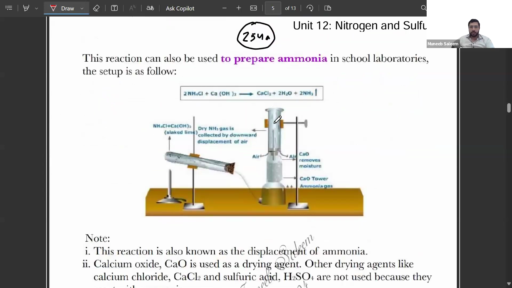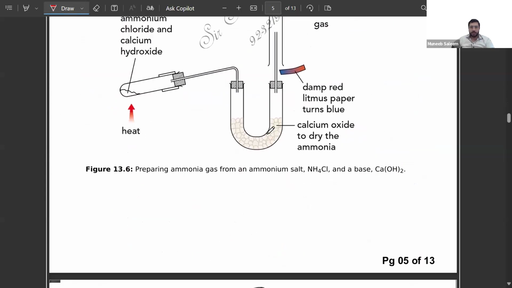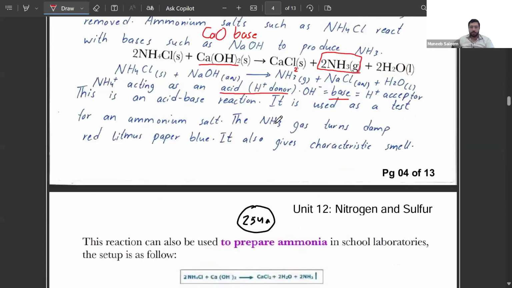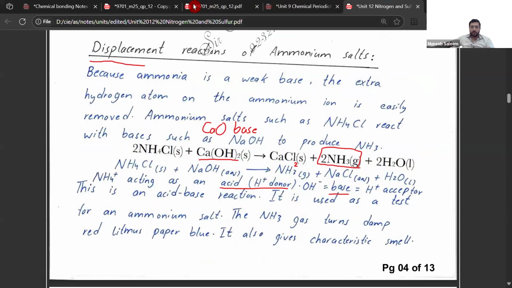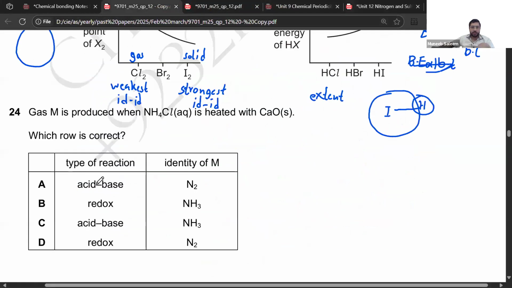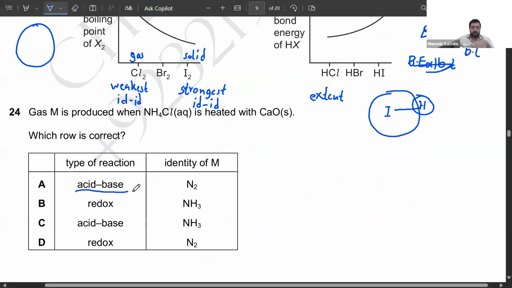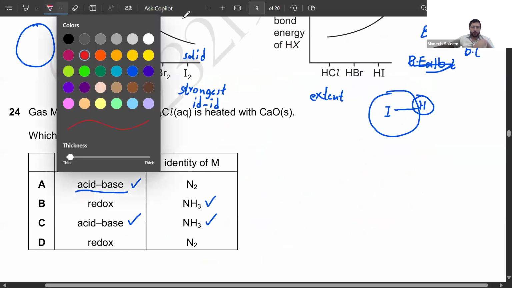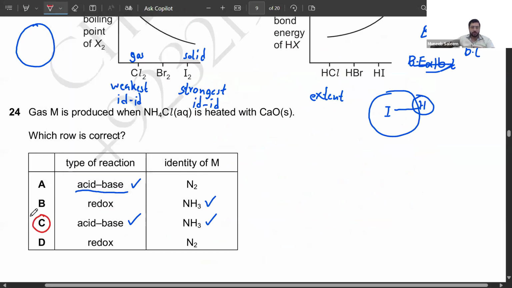We can have a reaction with any type of base reacting with the salt with ammonium ion. So when the reaction is there, it is the acid-base reaction. So yes, acid-base reaction, and the identity of M, which is a gas, is basically ammonia gas. So considering that, the correct option becomes option C.